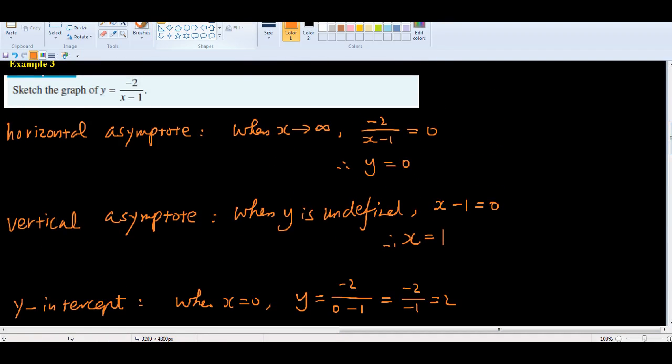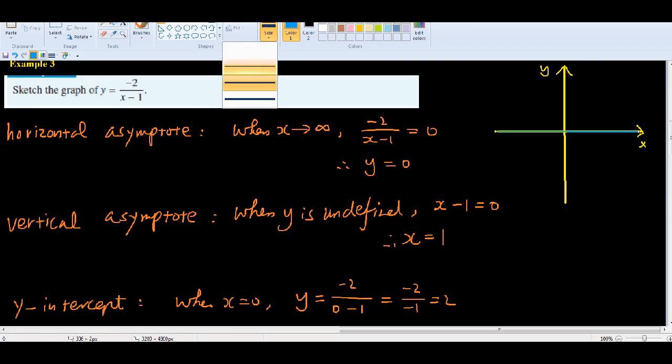So how could we sketch the curve? Alright, I'm running out of space, so let's draw a smaller curve. Let's first have a look. The horizontal asymptote is y equals 0, which means it should be just the x-axis.